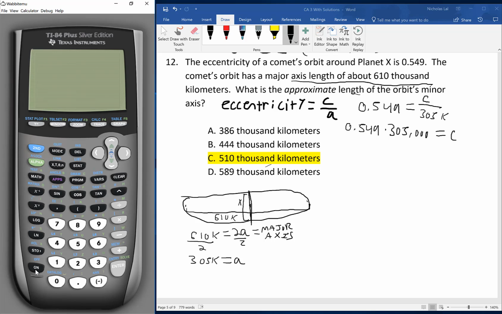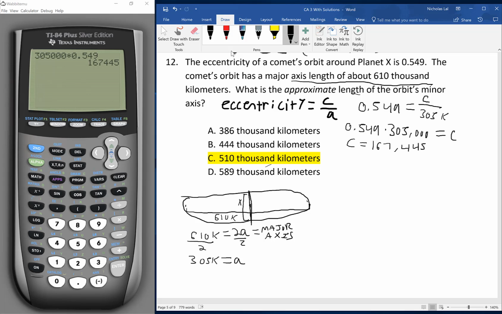So 305,000 times 0.549 equals 167,445. So c is equal to 167,445.